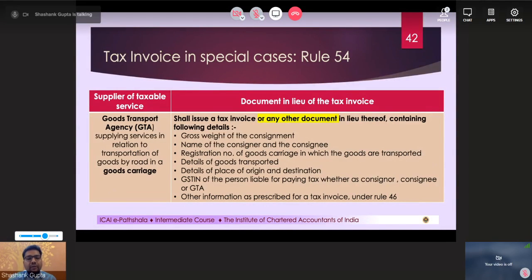So, all these details are required in case of a GTA.